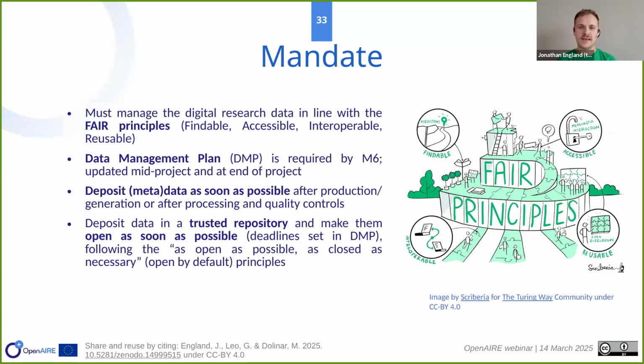So even if it's not related specifically to a publication, any type of data that is produced as part of the project should be available. People should know that it exists and was produced as part of the project. It also needs to be deposited in a trusted repository, and be deposited openly, following the principle as open as possible, as closed as necessary.